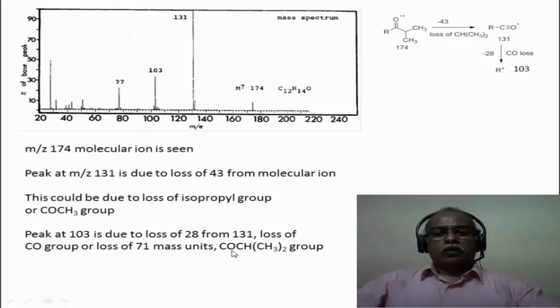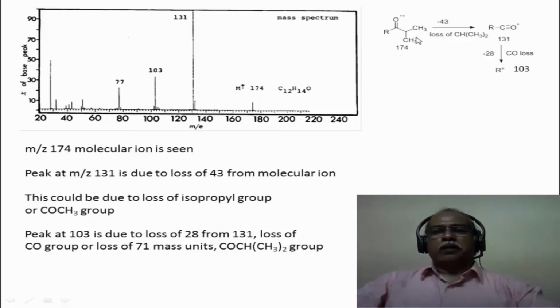This CO isopropyl group is responsible for the loss of 71 mass units, which probably is due to the isopropyl carbonyl group in this particular case, and the fragmentation pattern is represented schematically here.